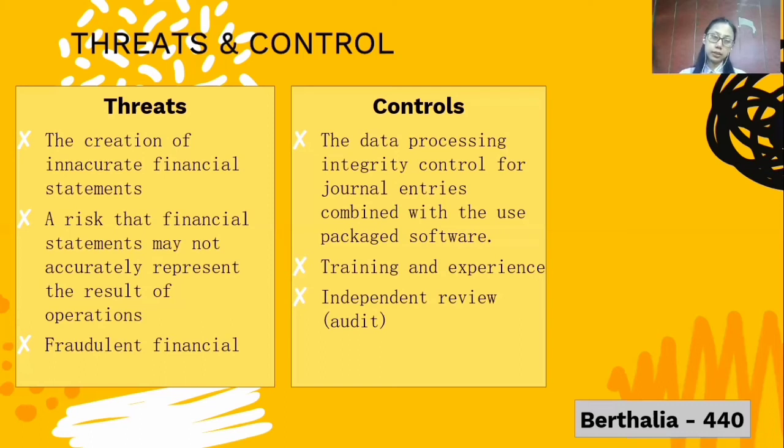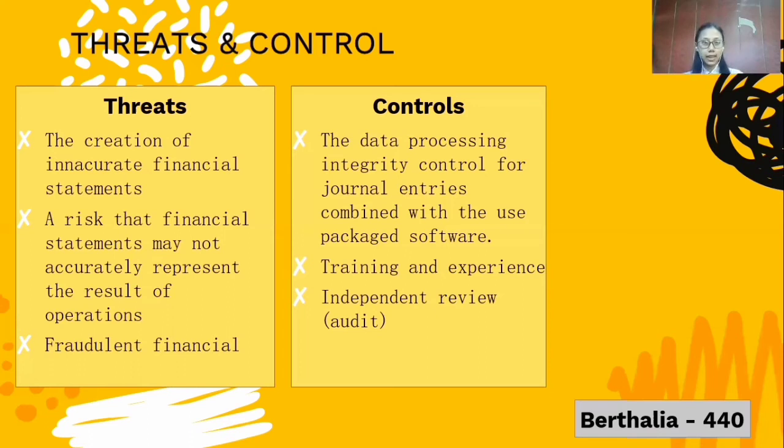And the last risk here is fraudulent financial reporting. So fraudulent financial reporting itself is another potential problem, because it's difficult to prevent with internal control. Therefore, the best control to mitigate this threat is by having an independent review audit.